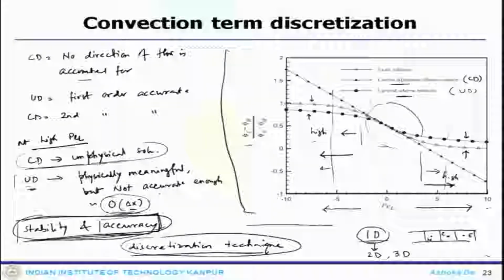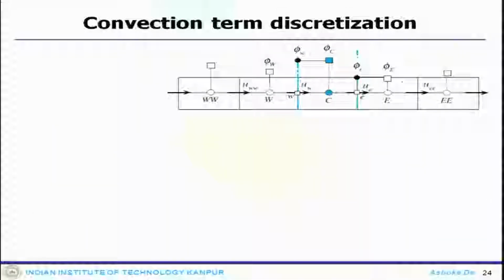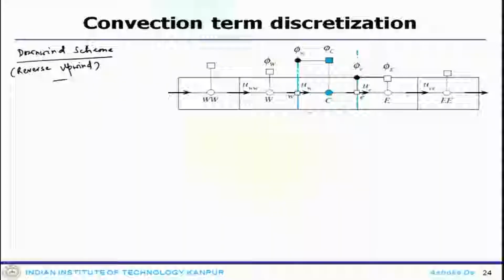So, with that note, now we will start looking at the scheme called the reverse upwind or downwind scheme. One can think of it as a reverse upwind scheme, and we consider this particular stencil as we have done.